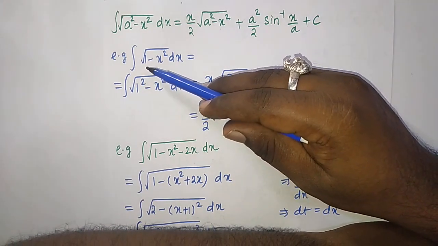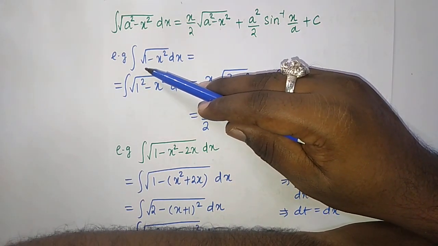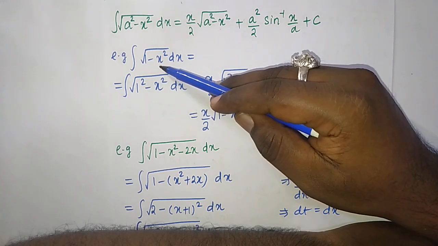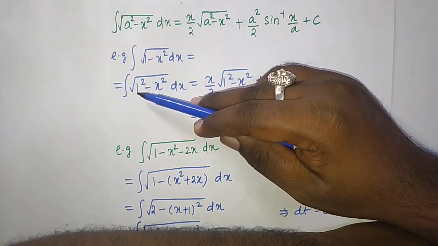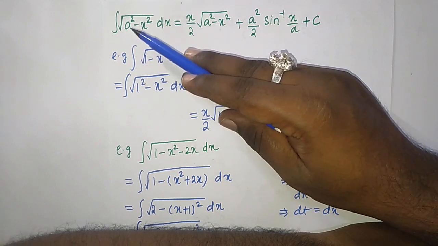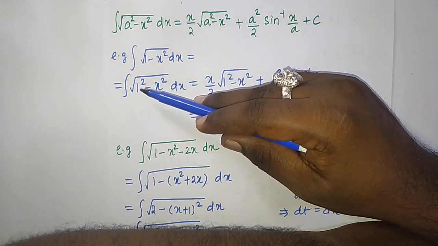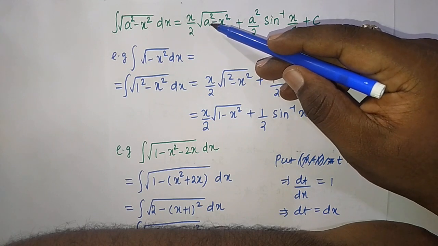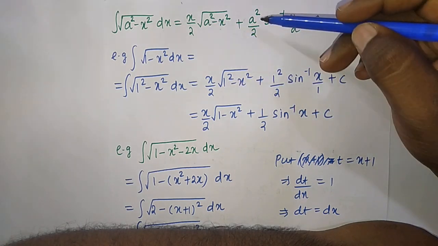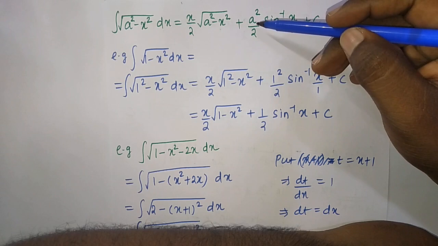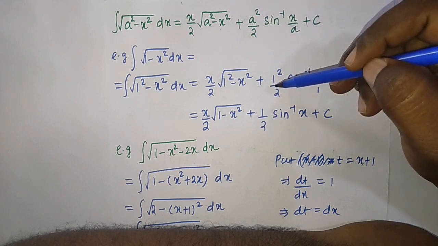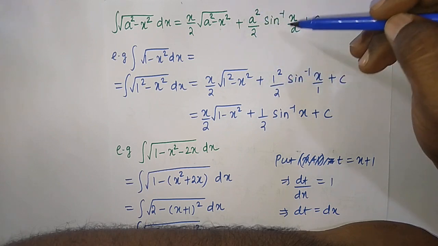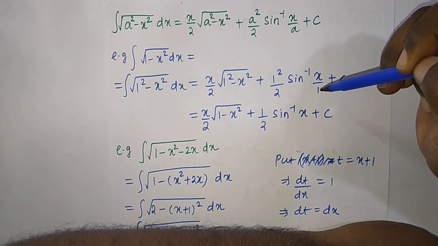It is given to find the integration of root over of 1 minus x square. 1 means 1 square, so in place of a we have to put 1. By putting 1 in place of a, a square is 1 square, and a square by 2 becomes 1 square by 2, and it is sine inverse x by a, so x by 1.